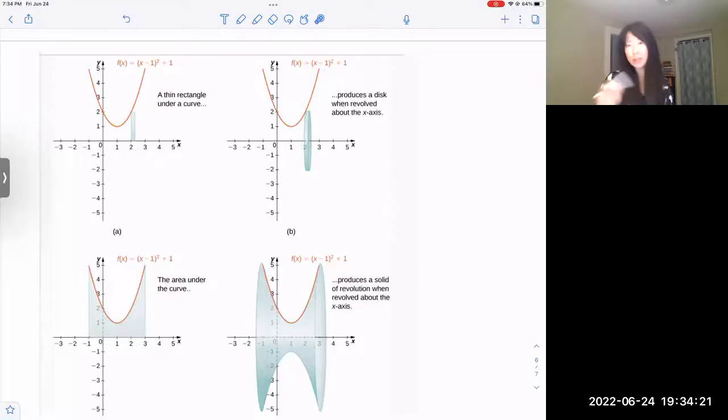Then they get, like earlier, the shape like this. And then can you realize that they do rotating, revolve means rotating about the x-axis, then they reflect about the x-axis. So this graph, we can see that.